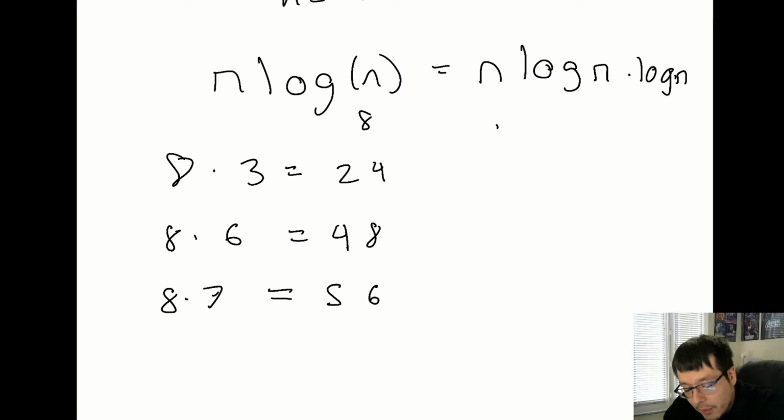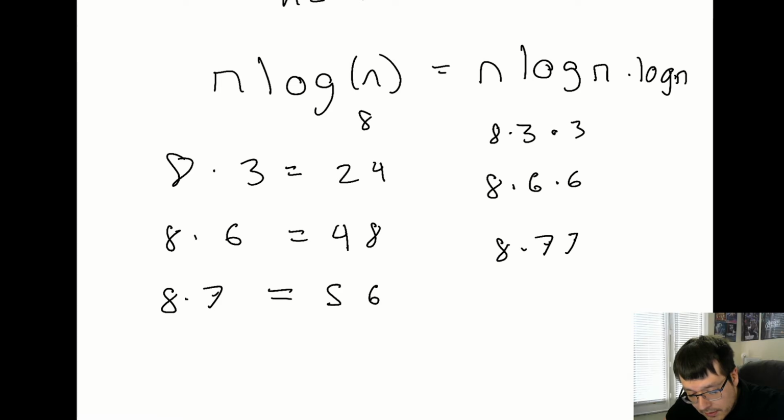And then over here is going to be the same thing, but you're multiplying another 3 there, right? In the second one, you're multiplying another 6, and this one another 7. So you can already see that this is going to be much, much bigger, right? 24 times 3 is going to be 75 minus 3, 72. 48 times 6 is approximately 300 minus like 12, so something like 290 something ish.